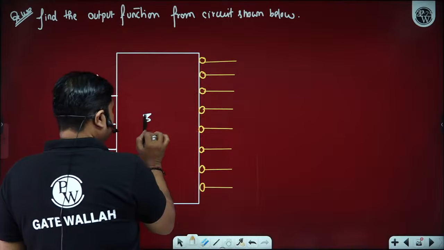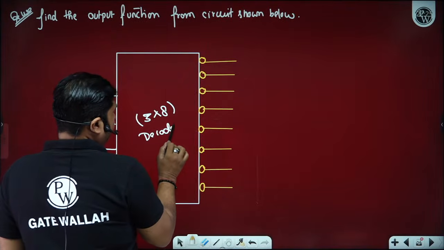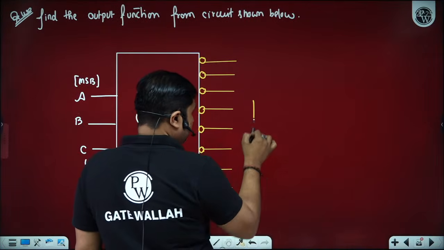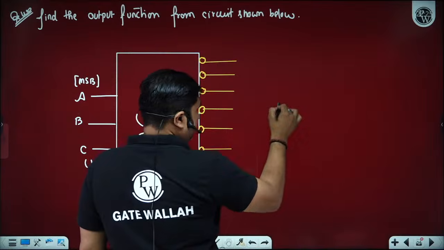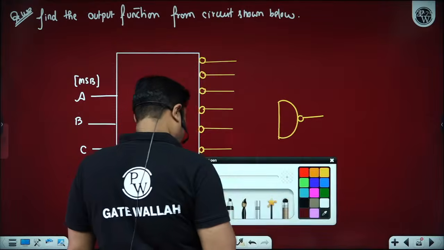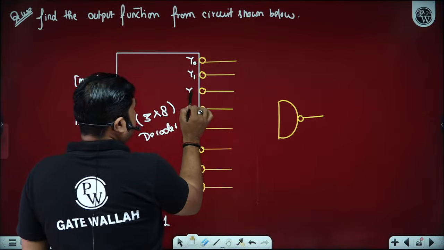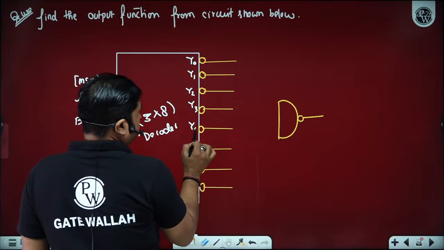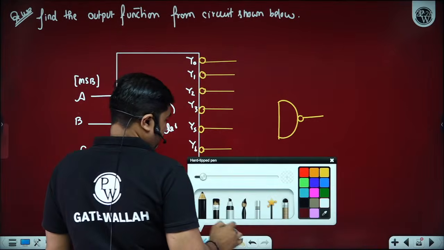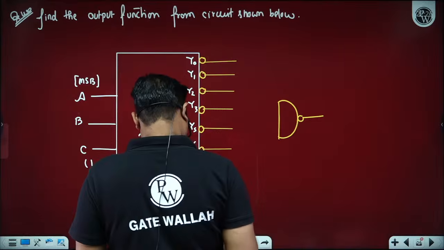We have a 3x8 decoder and one NAND gate we have.